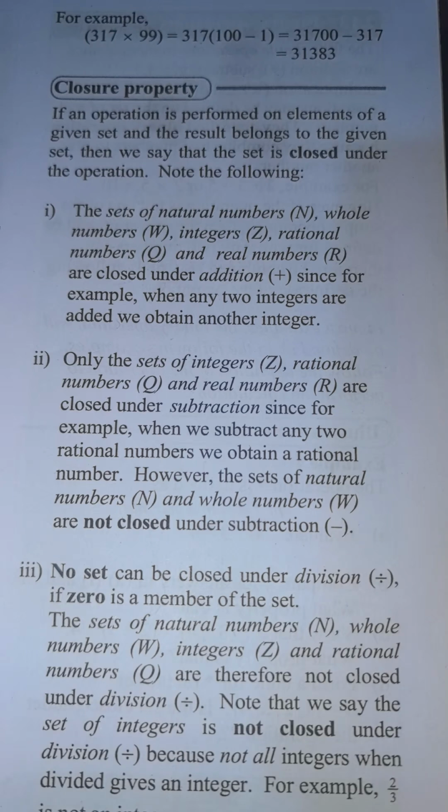Now in chapter 2, we have a definite property that we can call the closure property. If an operation is performed on elements of a given set and the result belongs to the given set, then we say that the set is closed under the operation.